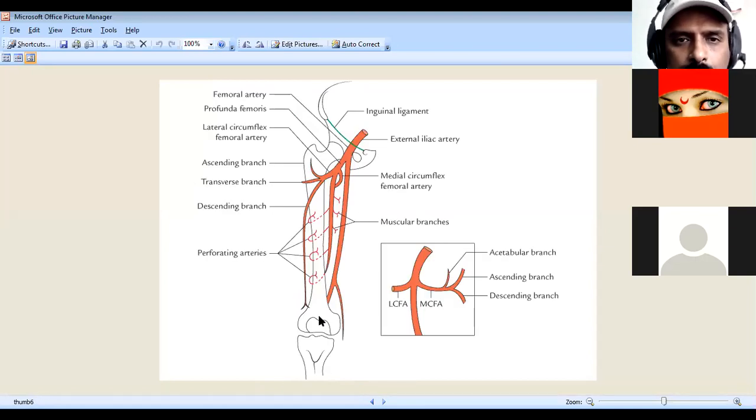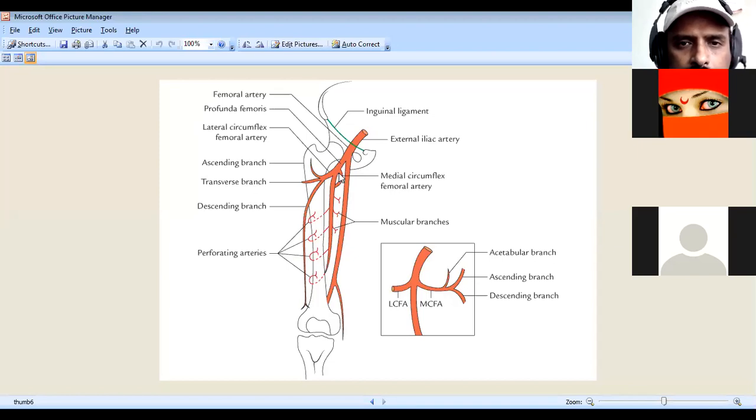One more question commonly asked is the important artery which is supplying the medial compartment of the thigh. As we remember, the main artery is the external iliac, which continues as the femoral artery, and this femoral artery gives the profunda femoris artery.